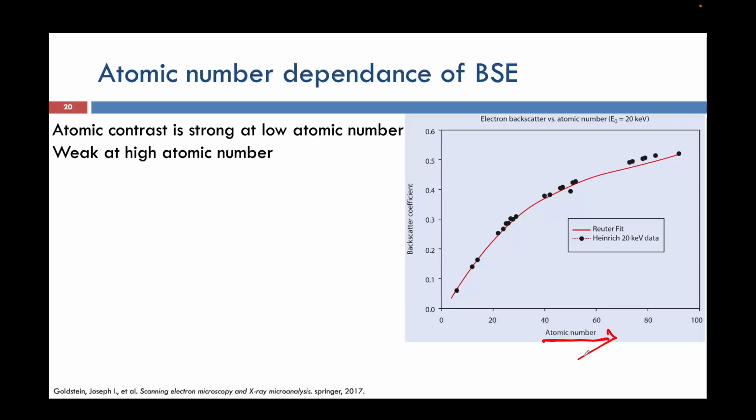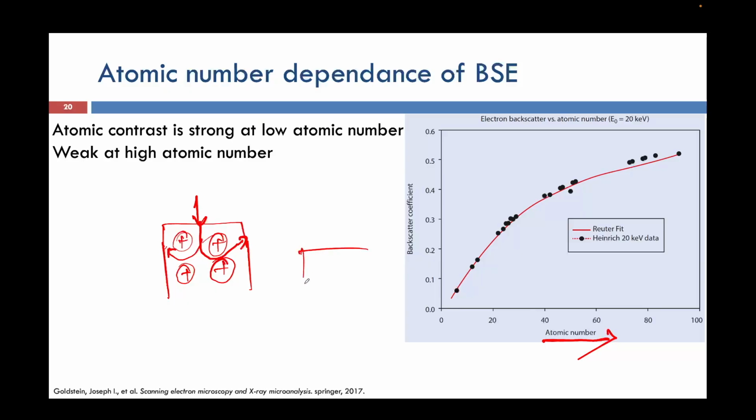And from our physics, from our interaction volume visualization also, we can see that if an element has a heavier nucleus, that means a strong positive charge, then there is a high chance that my negatively charged electron will be more likely to be deflected, right? Be it elastic scattering or inelastic scattering, there is a high chance.